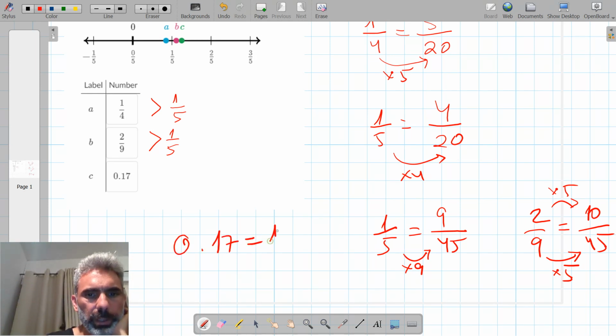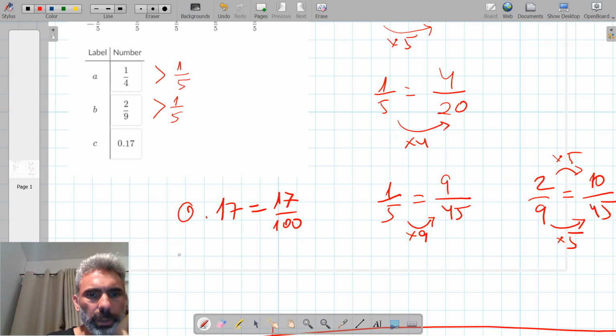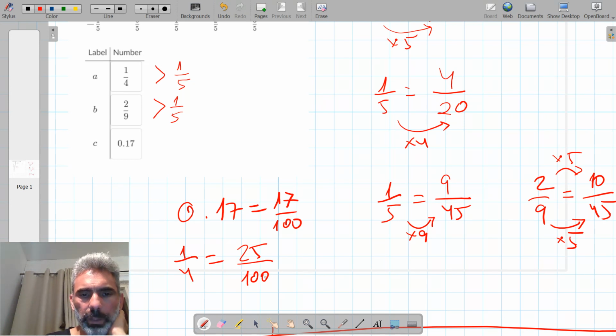Okay, so 0.17 is 17 hundredths. 1/4 is 25 hundredths. Okay, to go from 4 to 100, we multiply by 25. To go from 1, we also multiply by 25.